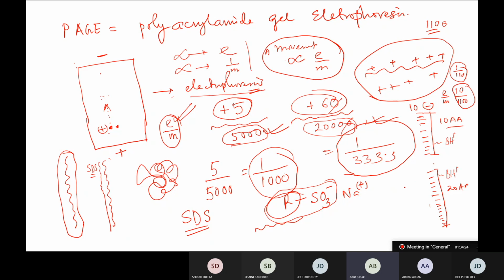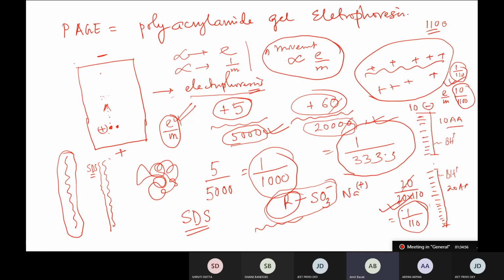So 20 divided by 20 into 110, because of 20 amino acids with average molecular weight 110. So again that comes to 1 by 110. That means these two molecules have the same E by M value.